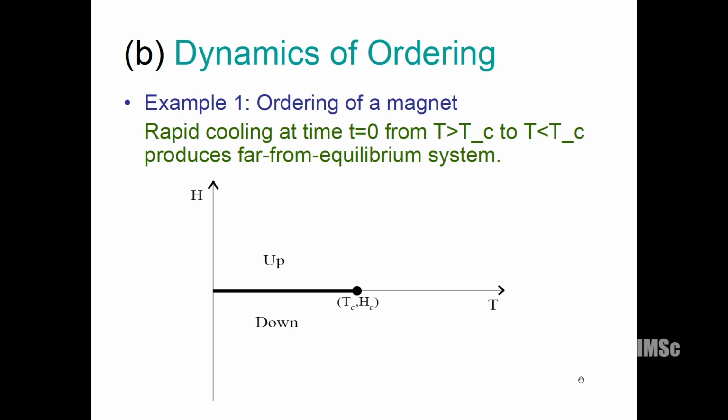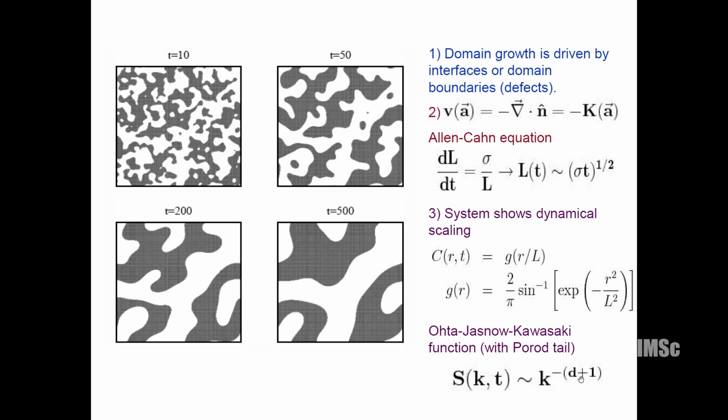Okay. So the first paradigm problem was the dynamics of ordering of a ferromagnet. That's a phase diagram of the ferromagnet, temperature and magnetic field, and there's a critical temperature, a critical point, and the experiment is you rapidly cool from here to here. At late times, this is what we've primarily been discussing so far, and hopefully these pictures make sense to you, but I'm going to make some bulleted statements which I have not made so far.